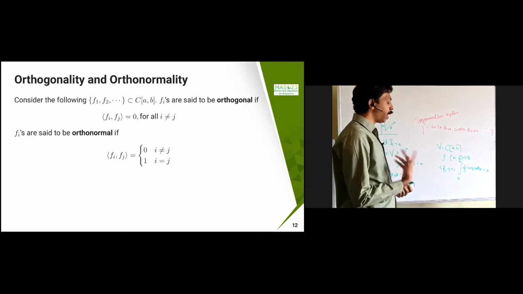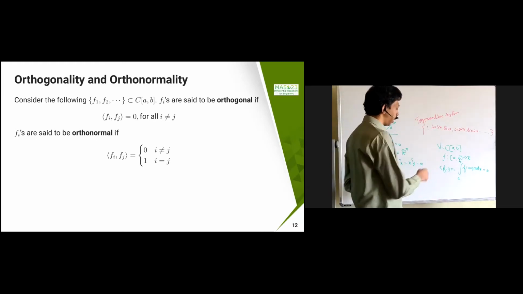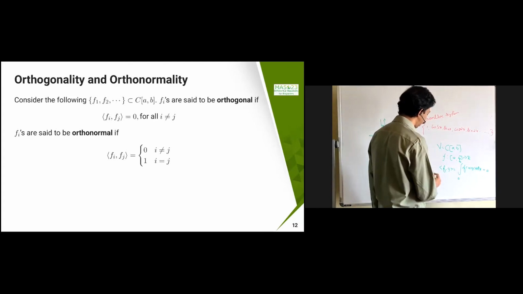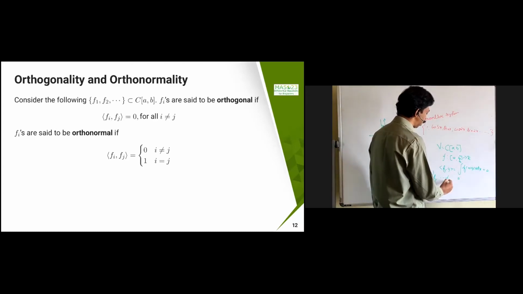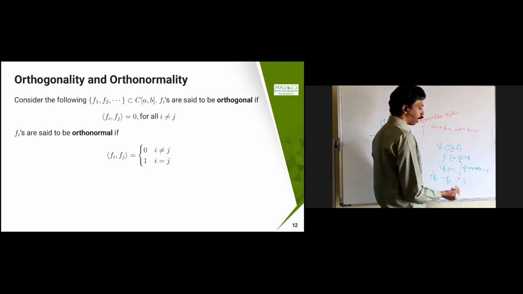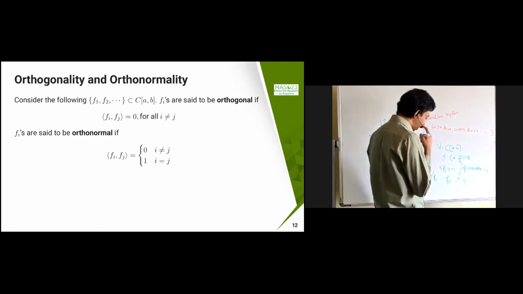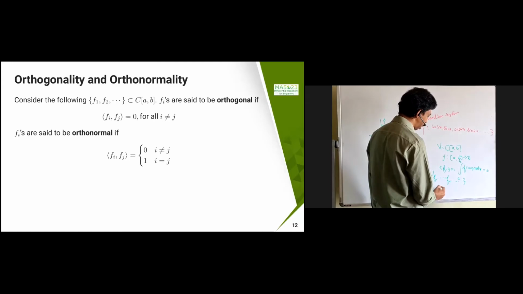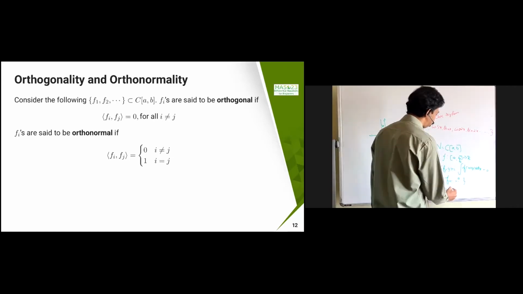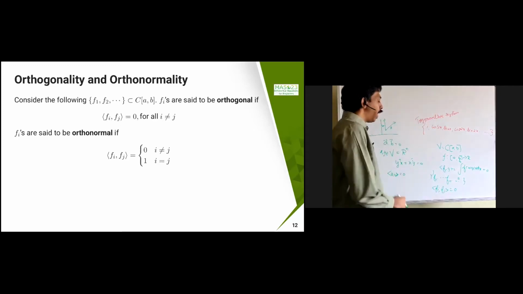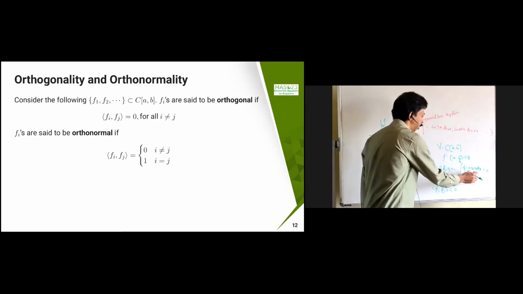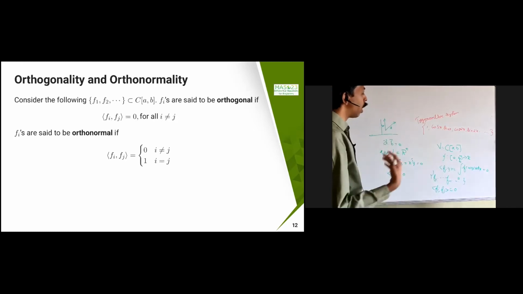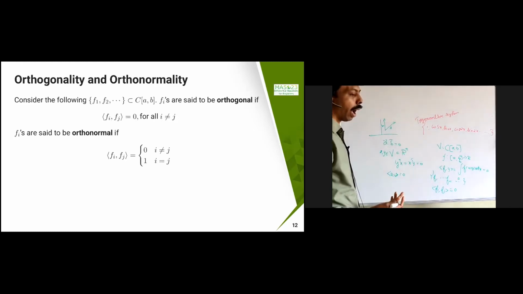We say the fi's are orthogonal when the inner product of fi comma fj is 0 for i not equal to j, that is, the integral of fi(x) fj(x) dx equals 0. Then this complete set of functions is said to be orthogonal.